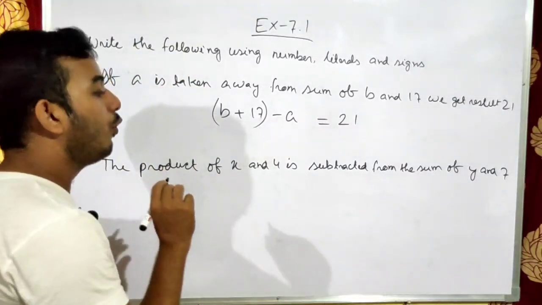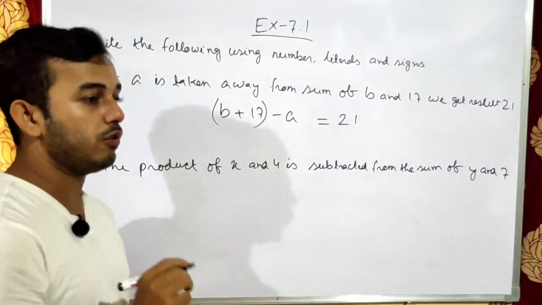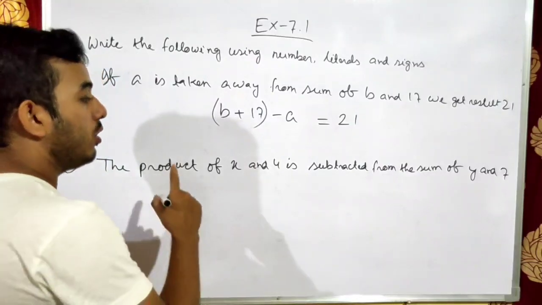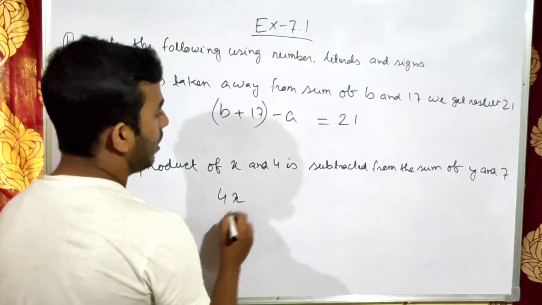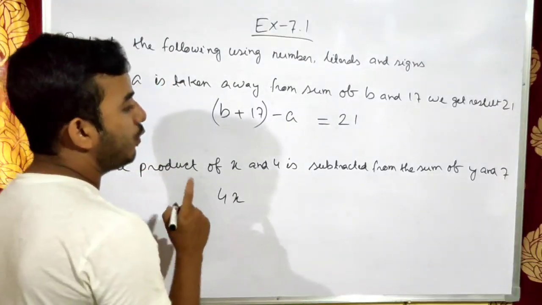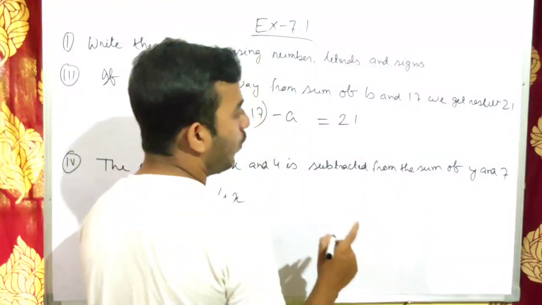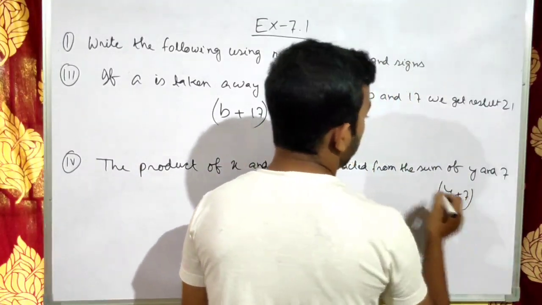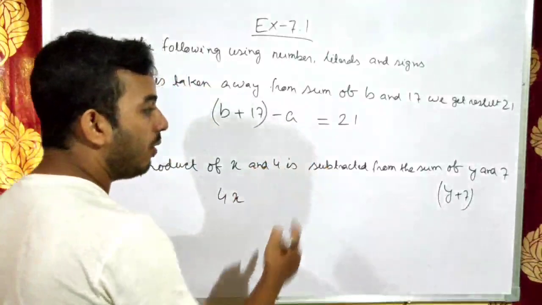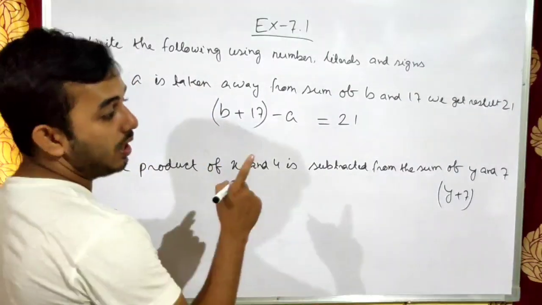The product of x and 4. Product means what? Multiply. So if we multiply x and 4, it will be 4x, isn't it? The product of x and 4 is subtracted from the sum of y and 7. Sum means plus, so y plus 7. So we are subtracting 4x from y plus 7.